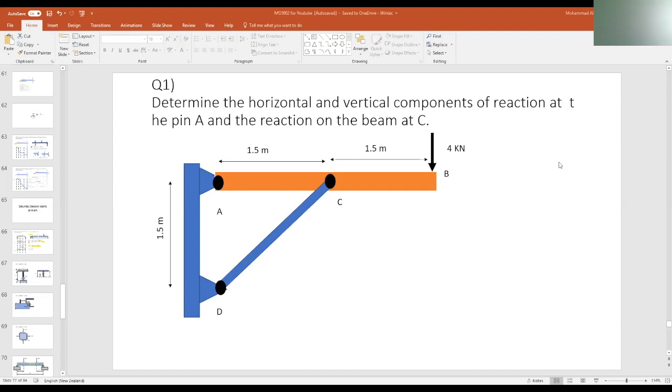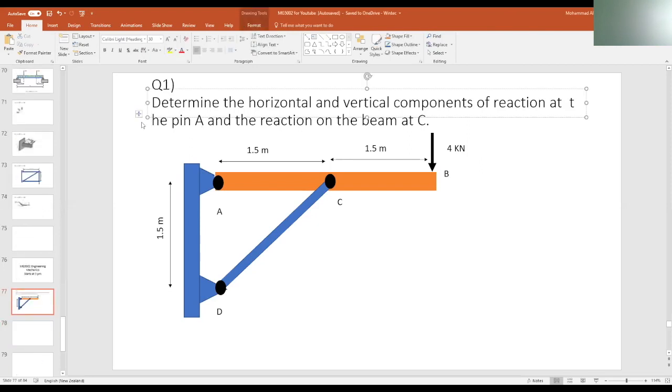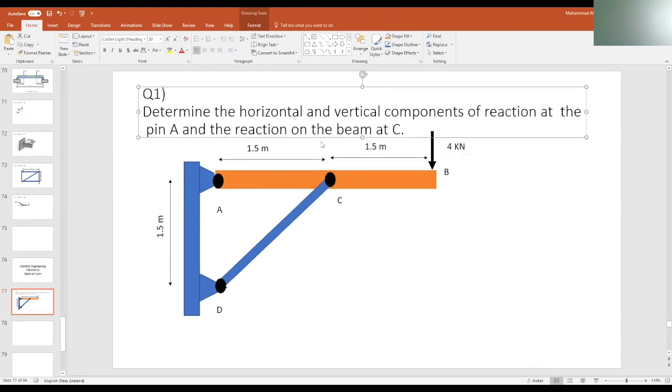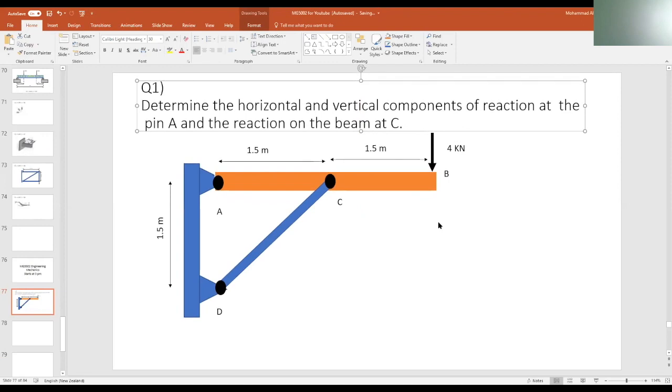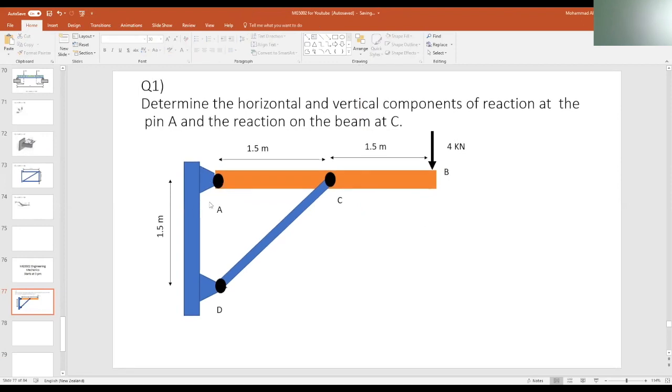It's really good. All right, so this is question 1: determine the horizontal and vertical components of a reaction at the pin A and the reaction on the beam at C. So if we just adjust this one so it can look better. It's a very basic question. At point A, we have 2 support reactions, and at point D, again, we have 2 support reactions because A and D are hinged.